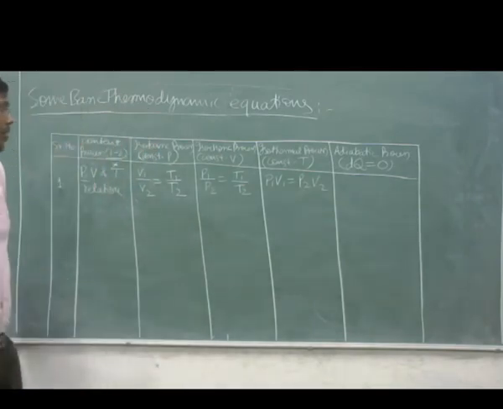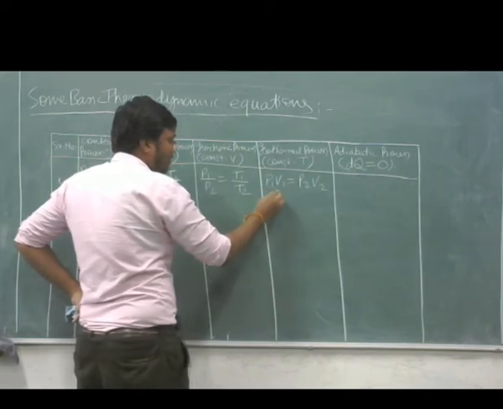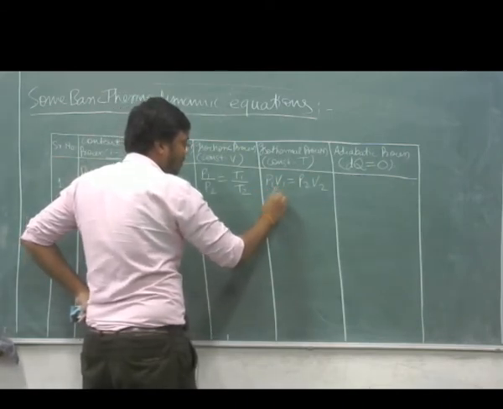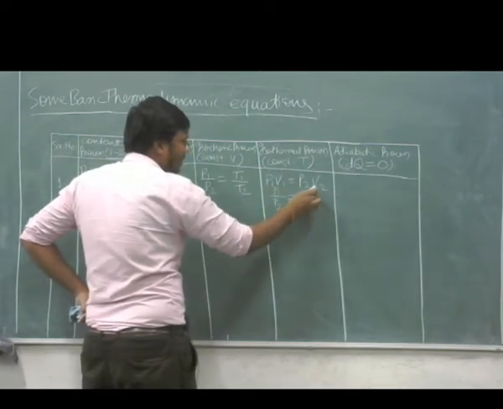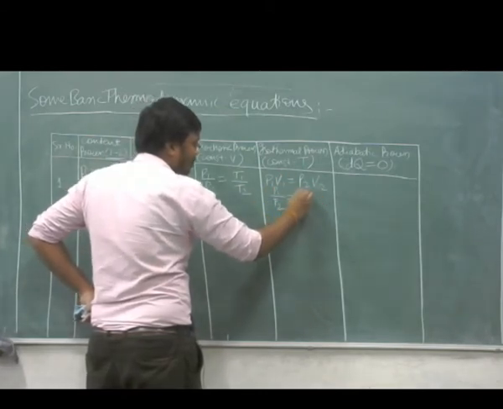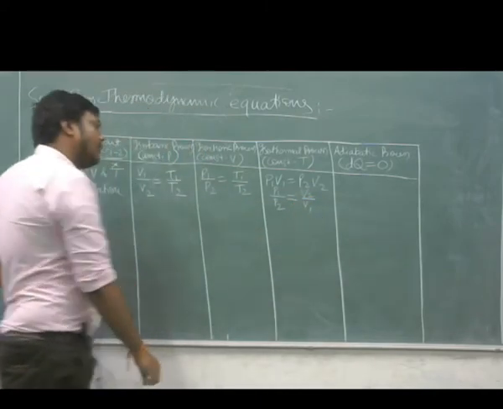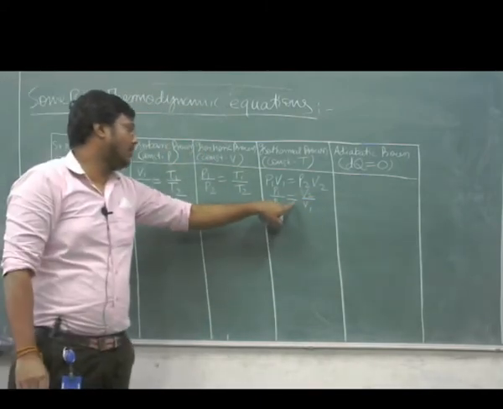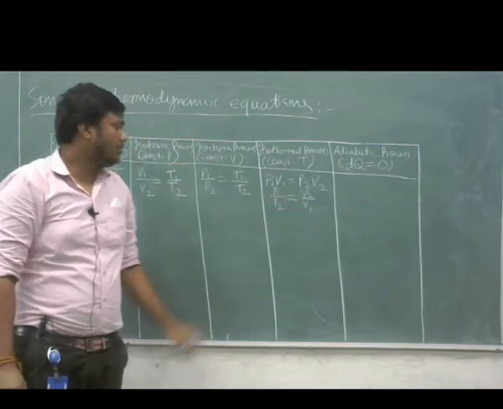Or we can also write it by taking P2 below P1, so P1 by P2 equal to V2 by V1. We can also write it like this.